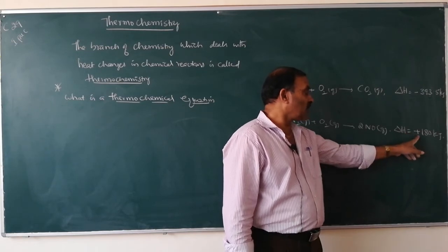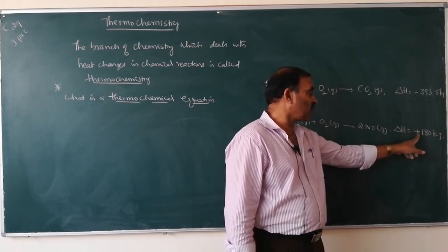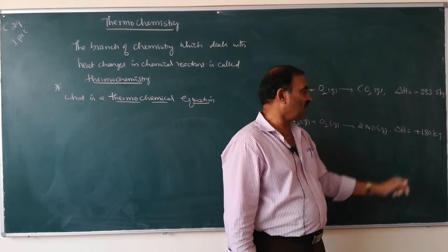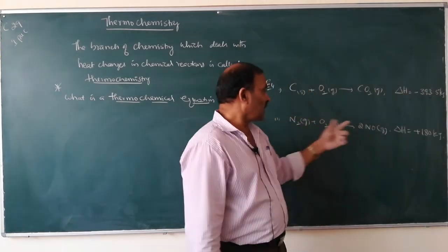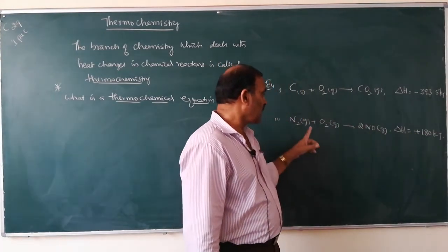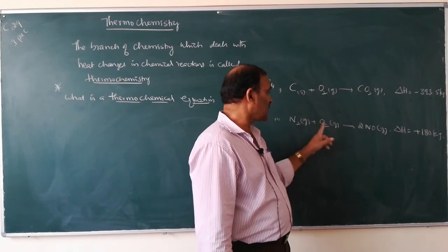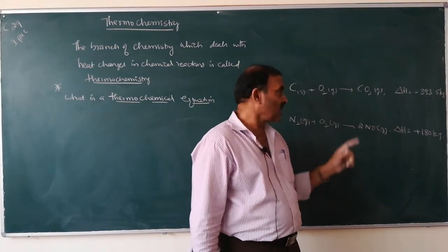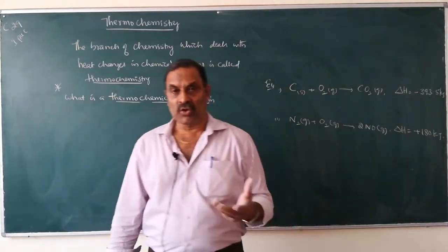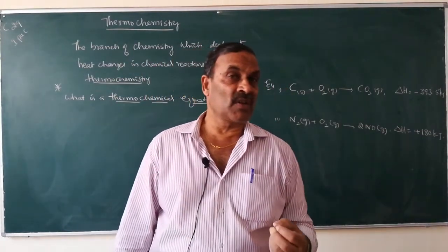This is an endothermic reaction because delta H is positive. The previous one is an exothermic reaction because delta H is negative. So it shows heat changes, it is a balanced equation, and it also shows the physical states of reactants and products. Therefore, it is a thermochemical equation. So now write down what is a thermochemical equation.